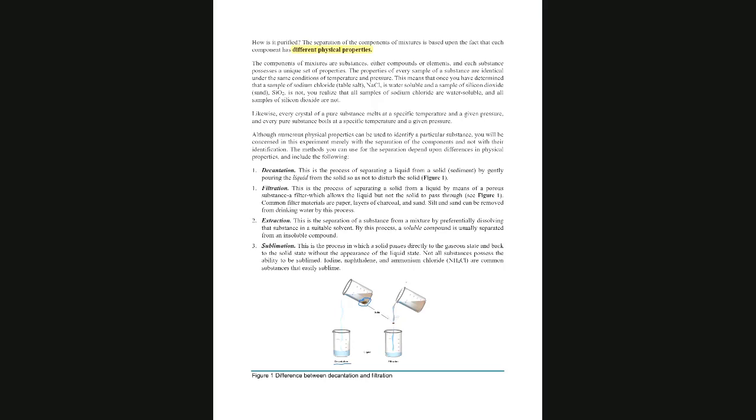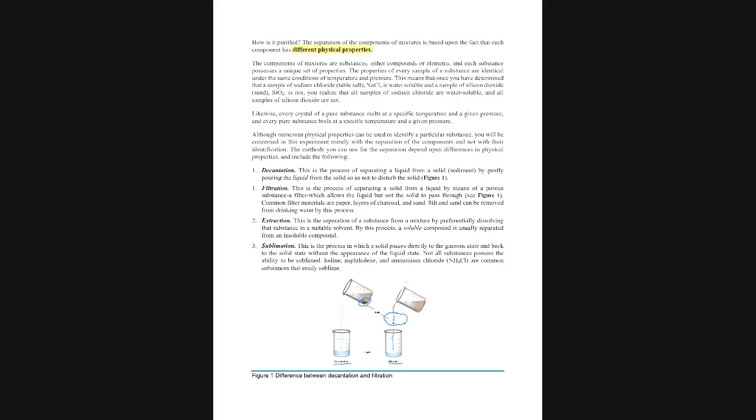That is called decantation. And what is filtration? It's the one that we have next to it. It's also a technique of separating a liquid from a solid. But in this case, what are we using? We use a filter, in this case a filter paper.